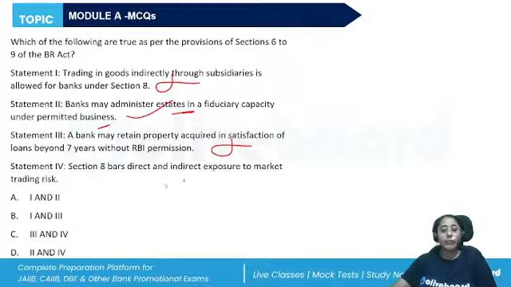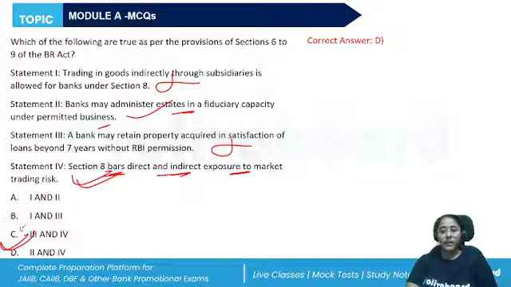And statement 4, Section 8 bars direct and indirect exposure to the market trading risk. So statement 2 and statement 4 are correct. Section 8 clearly mentions directly or indirectly. Indirectly means through the subsidiaries or associations. That is also not allowed. That is why statement 1 will be incorrect.